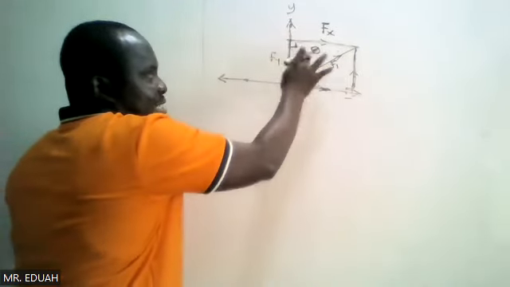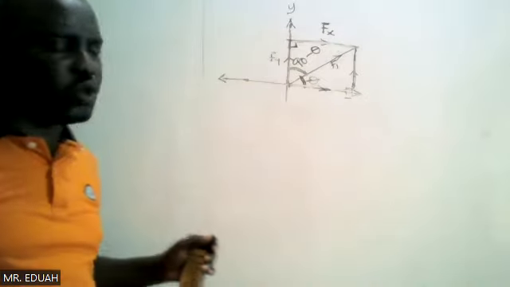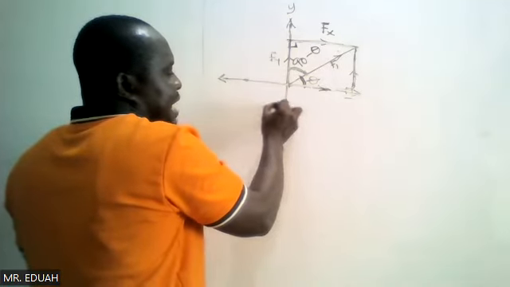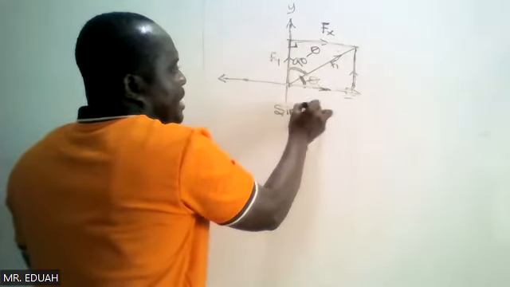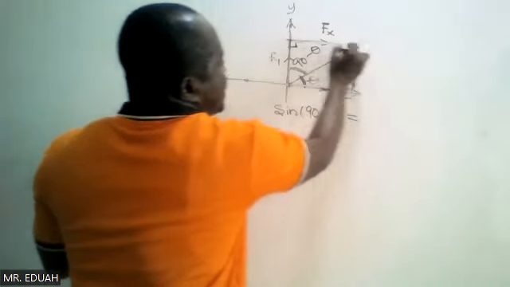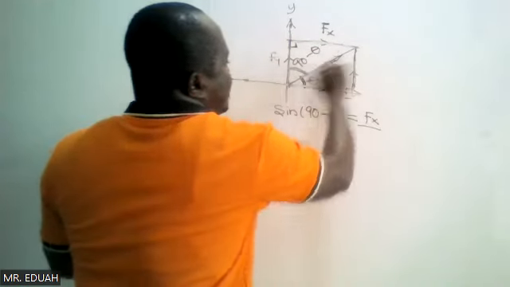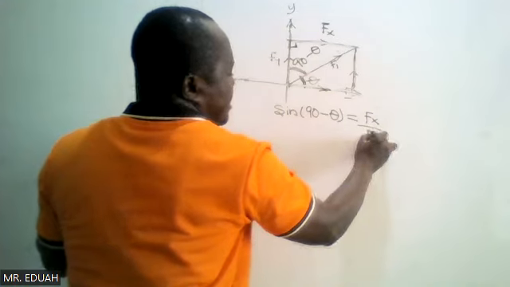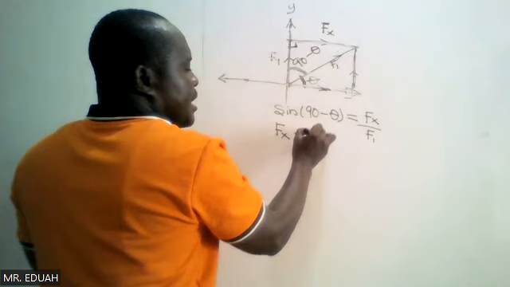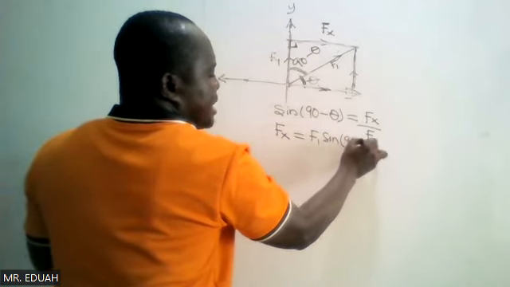So once it's opposite and I have the hypotenuse and the angle, the obvious trig ratio to use is sine. So sine of 90 minus theta would be equal to opposite, which is Fx, over hypotenuse, which is F1. So Fx now is equal to F1 sine of 90 minus theta.